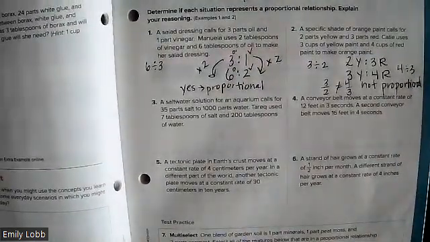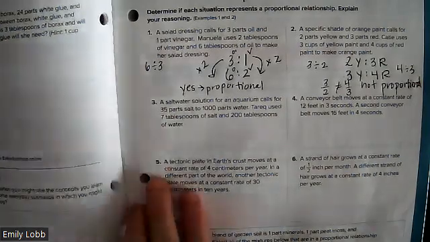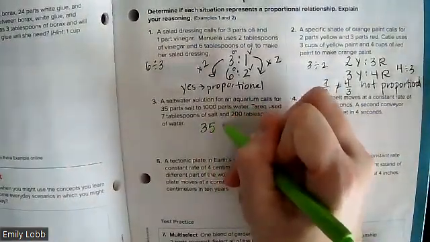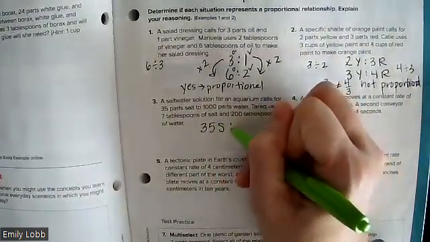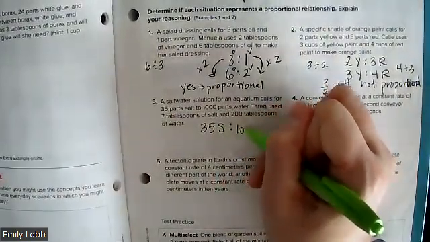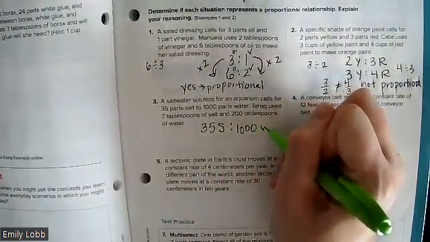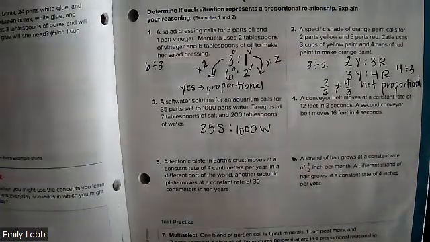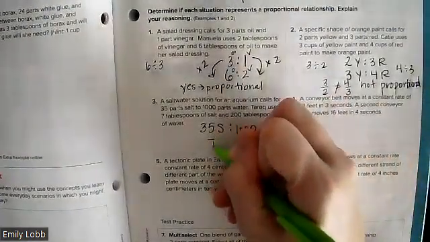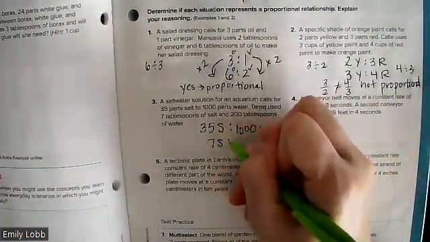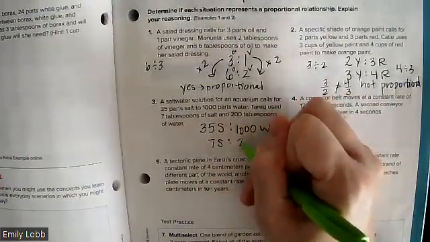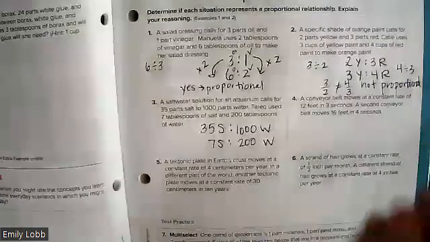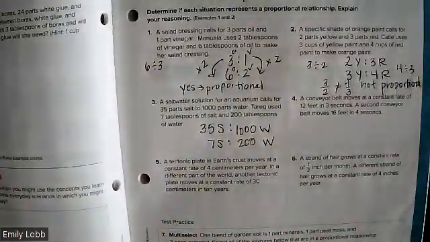So let's look at salt water. 35 parts salt. So I'm going to write S to 1,000 parts water. So if Tarek used 7 tablespoons of salt and 200 tablespoons of water, would that work?